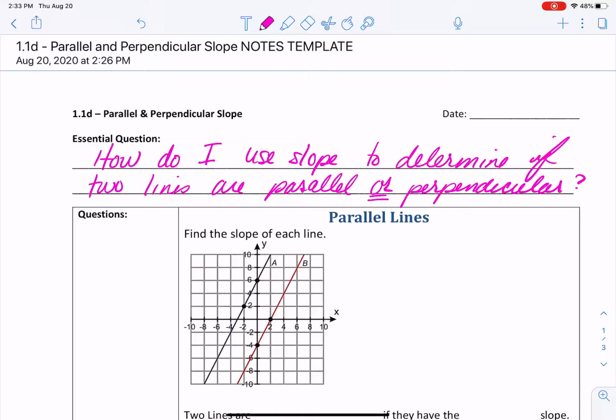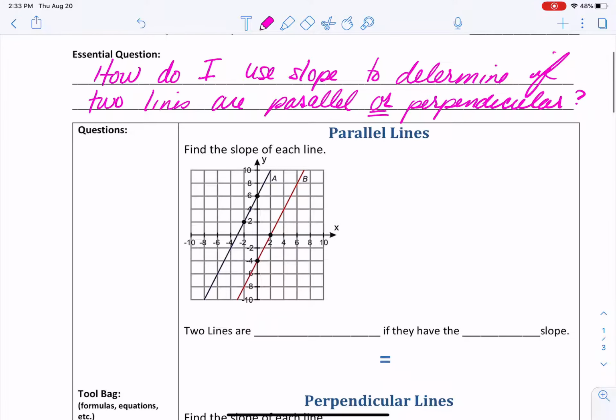So we look at line A and line B. So I'm going to label line A and line B. And the idea is that we're going to discover the slope for each one and then go from there. So when we look at line A, and I draw my little triangle from point to point, we go up 2 over 1.